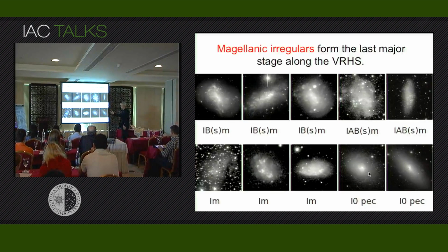And so de Vaucouleurs put them at stage S0A, and that suddenly became the garbage bin of the Hubble sequence, where he was putting these galaxies that people weren't sure where they belong. But it's pretty obvious now where they belong. These are late-type galaxies embedded in spheroids, like the kind that John Kormendy, at least I think that's what they are. They're spheroidal galaxies that are still forming stars.